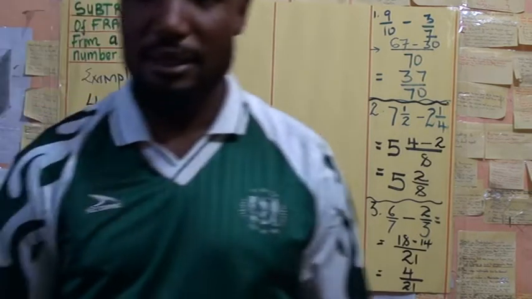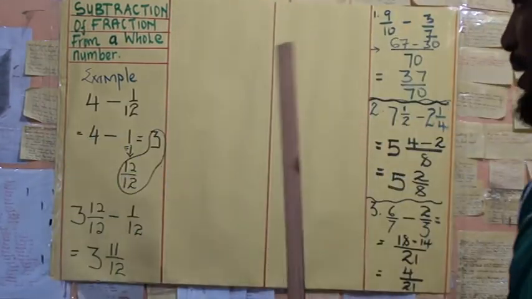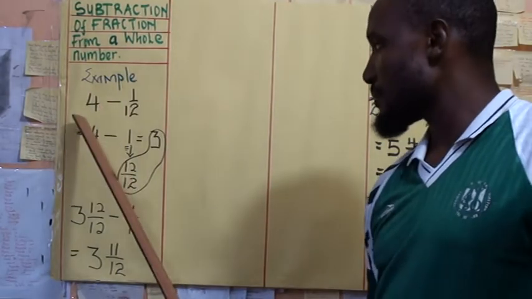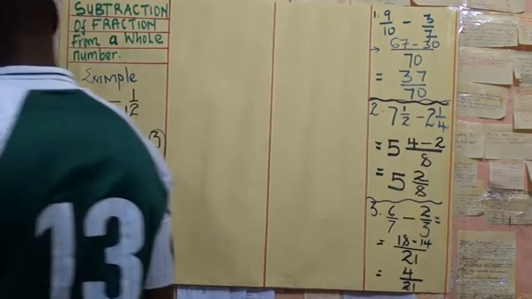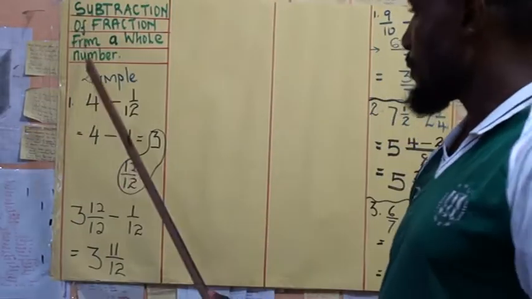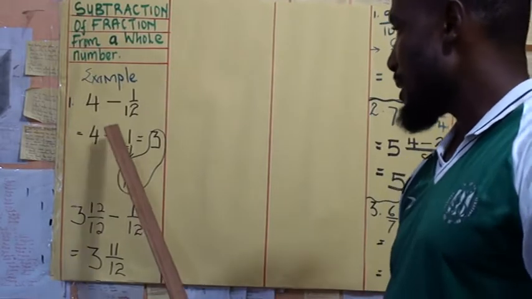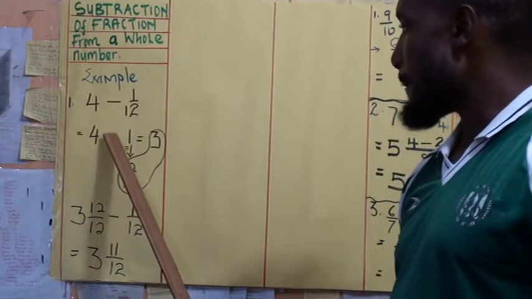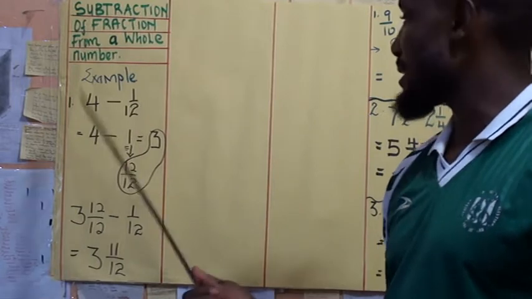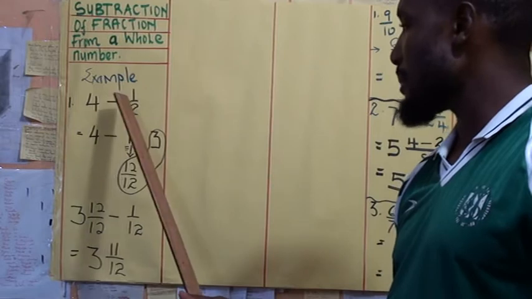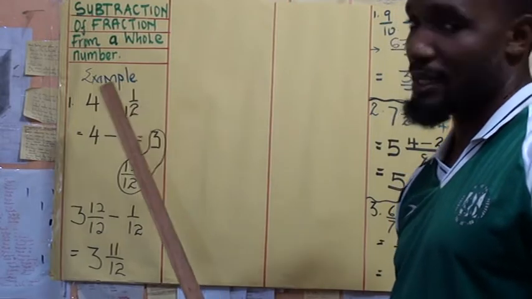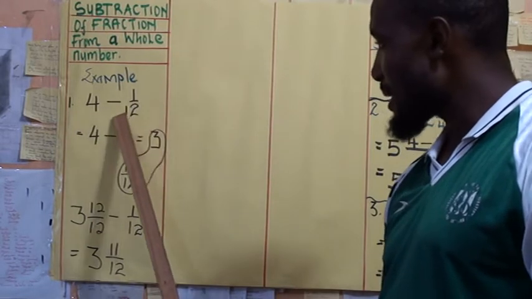I'll go through again, I need you to look well and understand. The question is 4 minus 1 over 12. Now, take 4, the whole number, minus 1. You get 3. This 1, we are subtracting so that we can make a fraction that has the denominator 12.